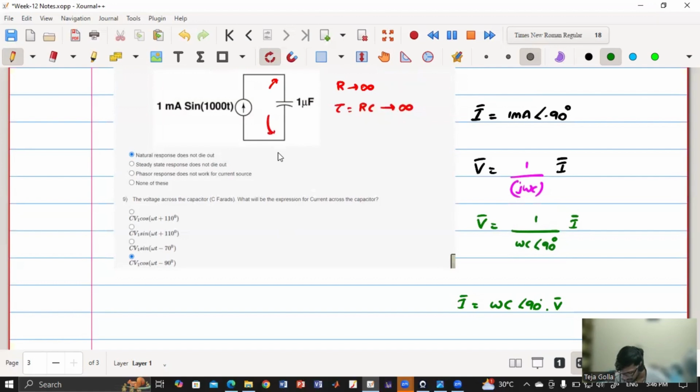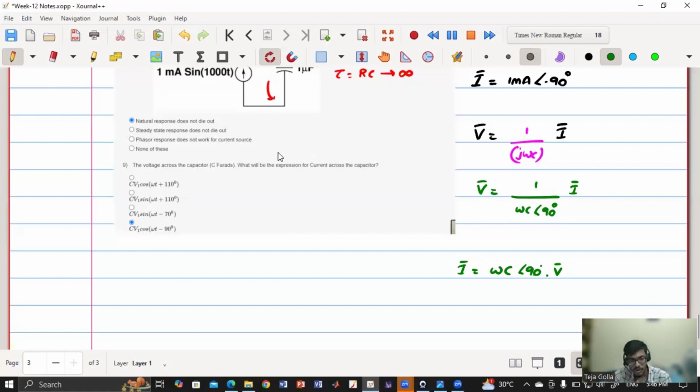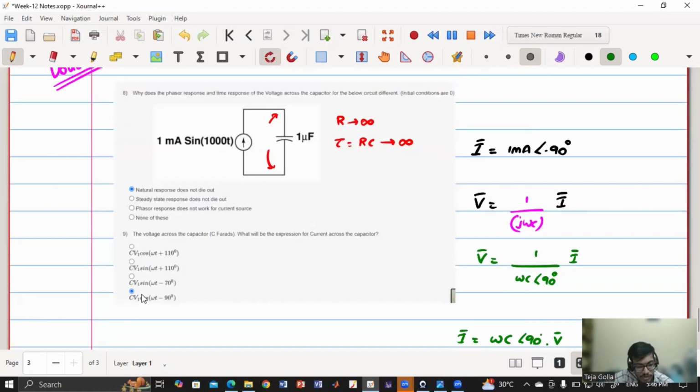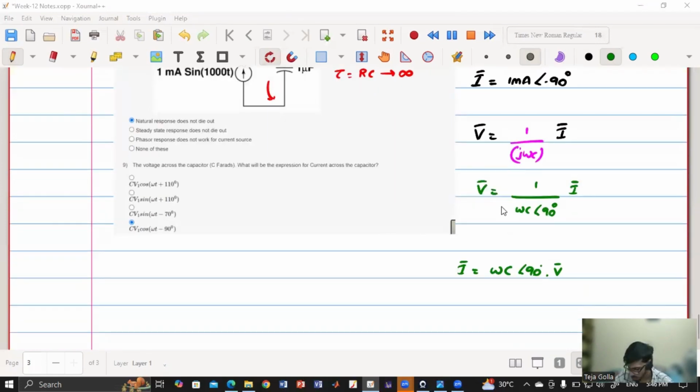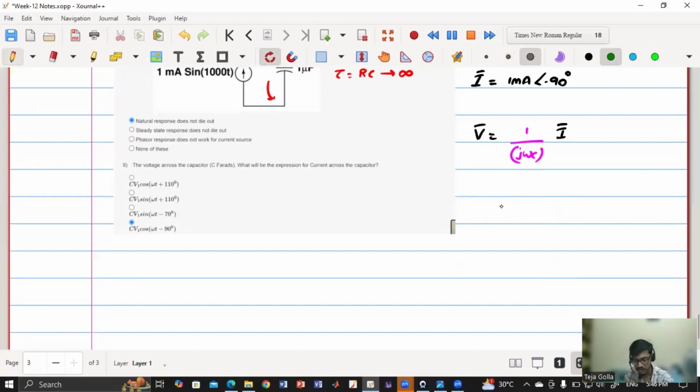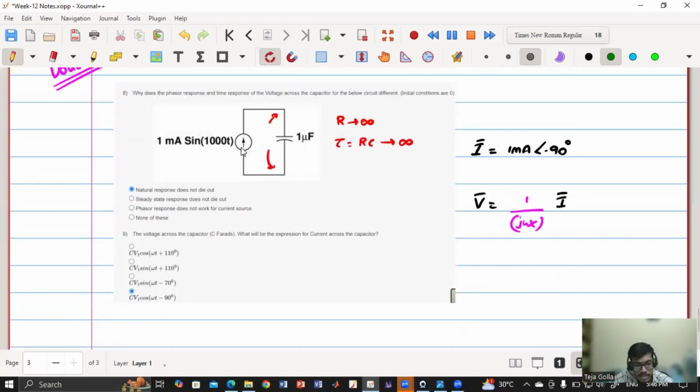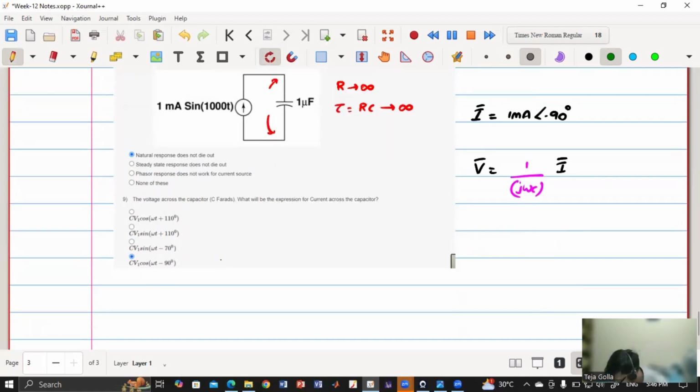What is V1 here? They have not given anything. I'm not sure what exactly they are asking because V1 is not defined, and we need input voltage information, without which we cannot solve. Actually, I was thinking they were asking for voltage. So let us see how to solve if they are asking for the voltage, because they cannot ask for current, since the current expression is already given. It is 1 milliampere into sine 1000 t. But I don't know what exactly they are trying to ask. So say if they are asking for V bar, then we'll see how to solve.